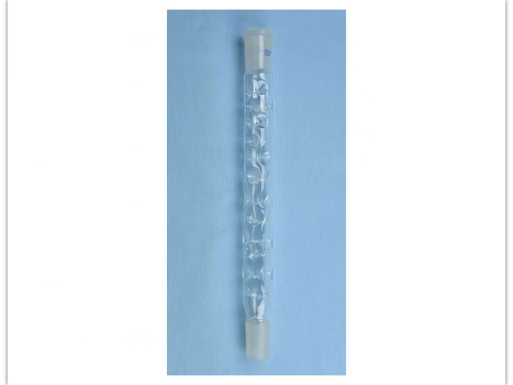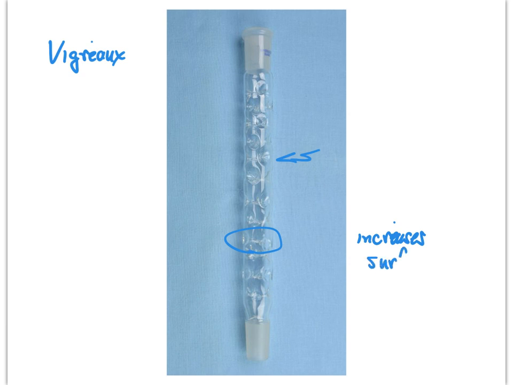What we're going to use as our fractionating column is something called a Vigreux column. So it's just a straight glass column that someone heated to near melting and then used a glass rod to push dimples into the sides. And those dimples make sharp points reaching into the column, and that increases the surface area, which increases the number of theoretical plates.